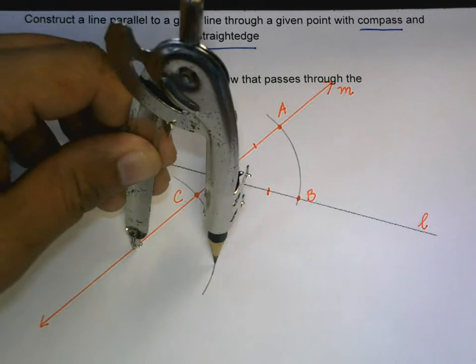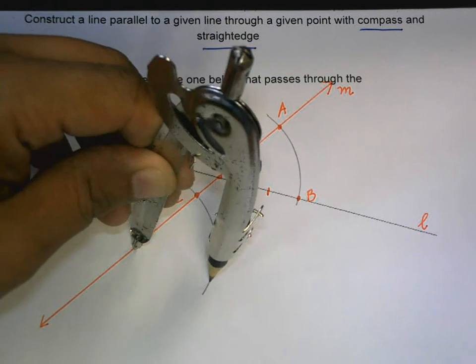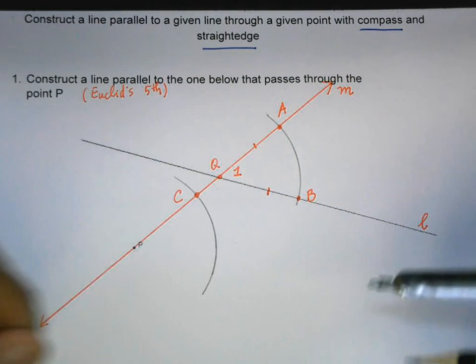It's a little bit difficult because B could appear anywhere along this arc, right? And we don't want to just eyeball it. Eyeballing it is not what geometers do.